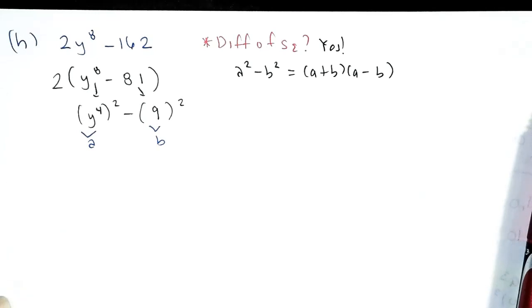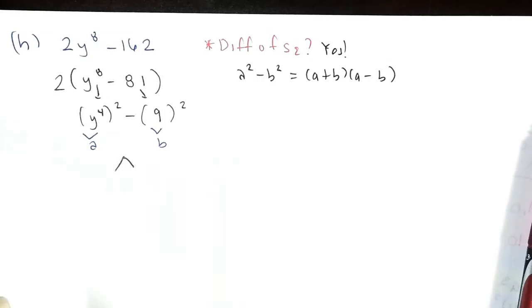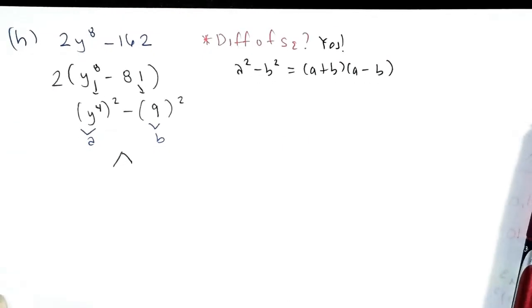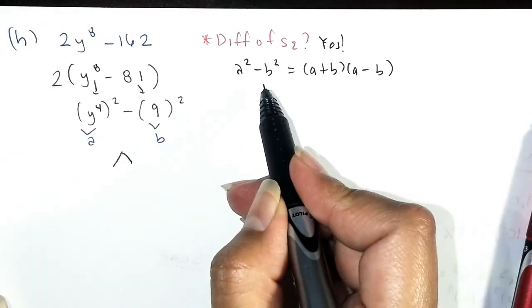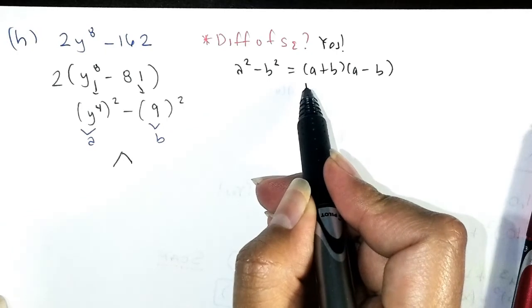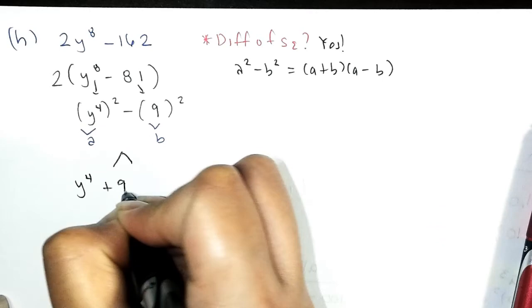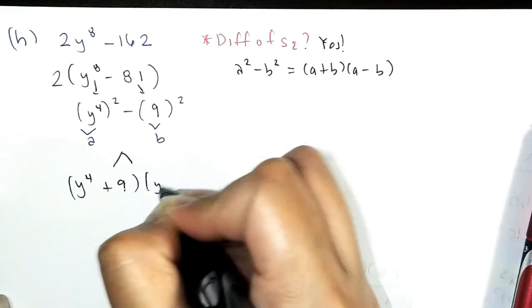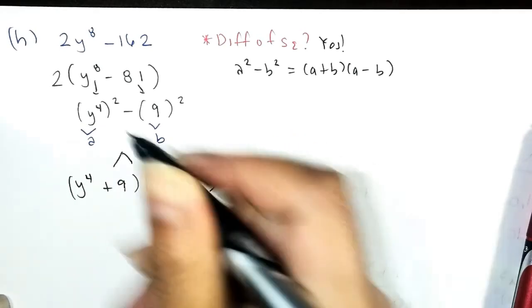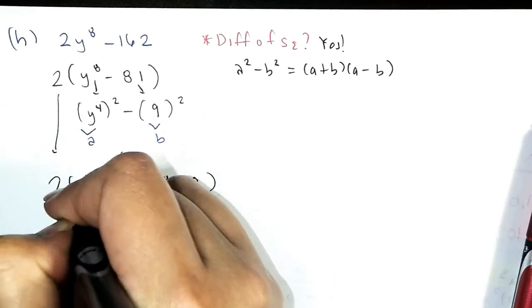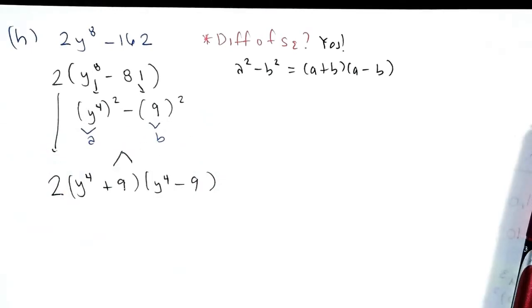If we are factoring a difference of squares of the form a squared minus b squared, then your answer should be a plus b times a minus b. And don't forget to bring down your common factor. Cool, so we're almost done.